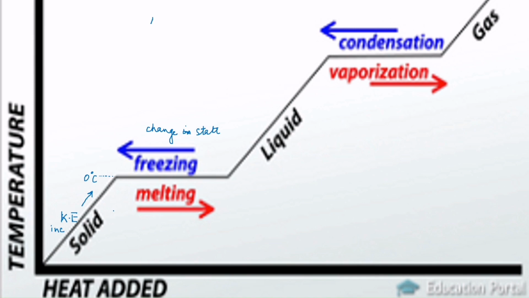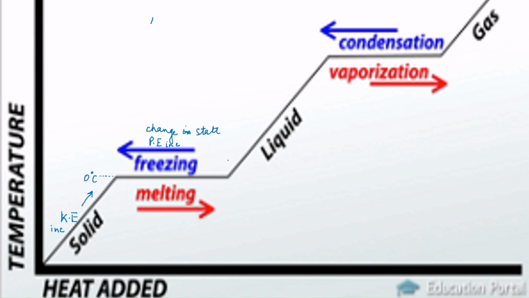Or you can say that instead of kinetic energy, the potential energy of the particles increases. As kinetic energy is not increasing, there is no rise in temperature; instead the temperature remains constant.